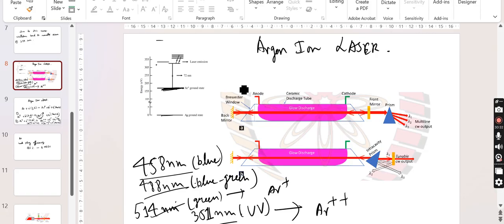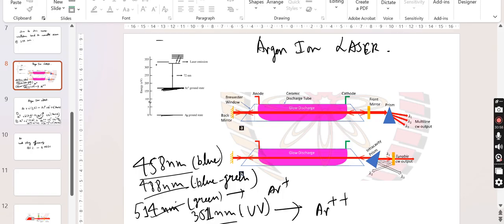So this mirror can choose a wavelength, but the correct way to say this is that using this mirror we can choose a wavelength that falls normally on the mirror, and that will get amplified because of continuous feedback at each round trip.